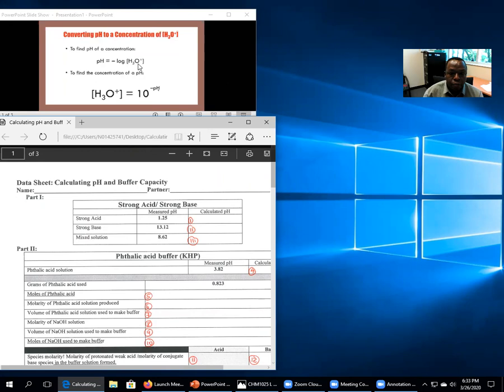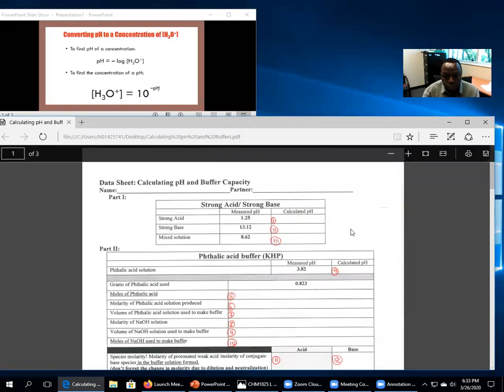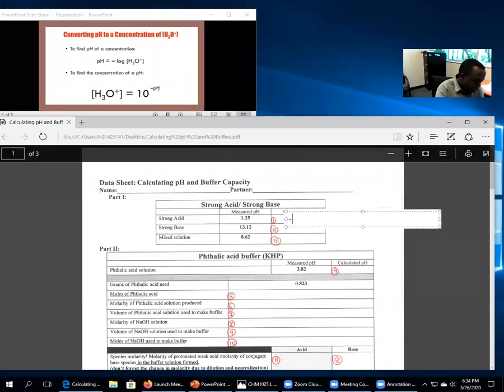If you're determining the pH of the strong base here, it is negative log of what? Negative log of hydroxide concentration. So I'll say negative log of hydronium concentration. That is what we need for item number one.